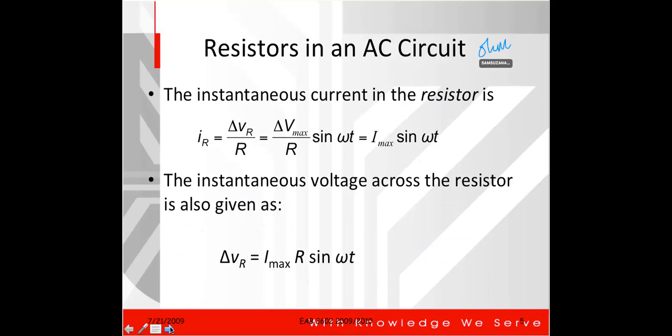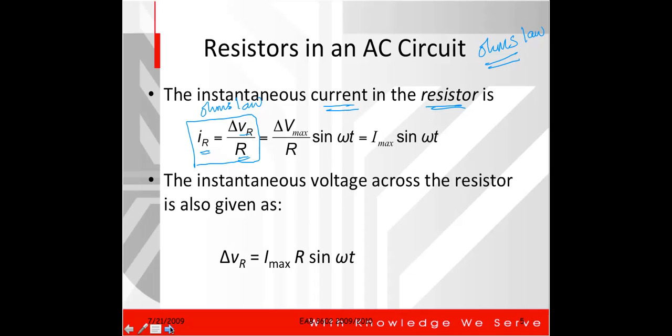Remember, kalau dia hanya ada just a resistor inside the circuit, kita boleh guna Ohm's law, which is I is equal to delta V over R. Kan? This one basically Ohm's law lah ni. Sebab I is equal to V over R kan. So dalam kes ni, sebab kita nak cari instantaneous current across the resistor, yang circuit tadi tu.